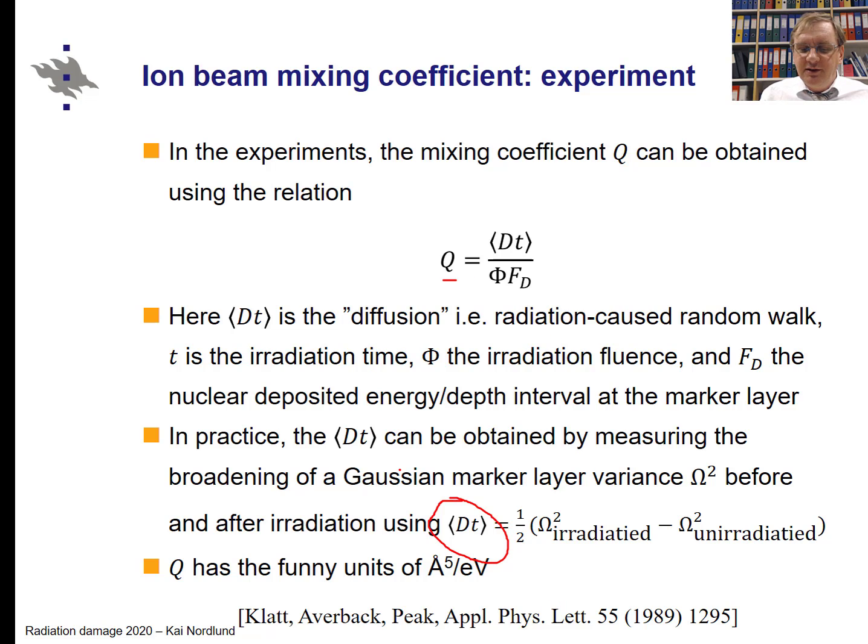And if you look at this, you get the units of angstrom to the power of 5 divided by electronvolt for this. If you don't believe me, just take the standard units of a diffusion time, fluence, and nuclear deposited energy, and you will find that you indeed get these units.